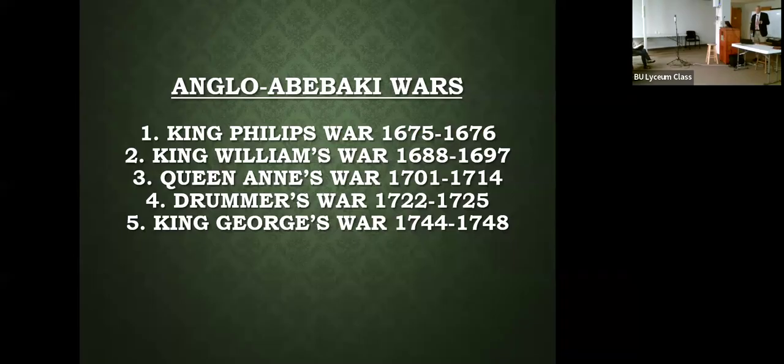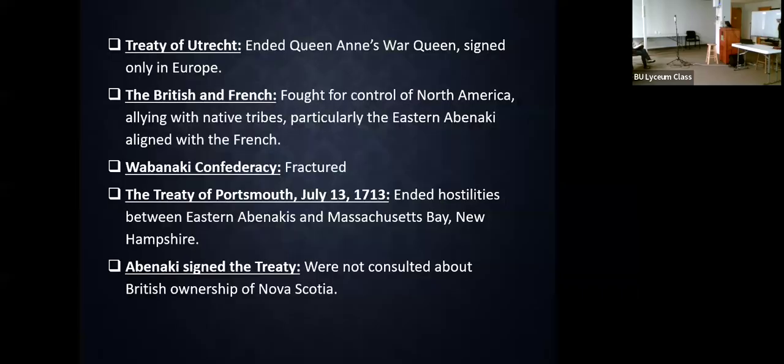Now, the Anglo-Abenaki Wars, I hope I went in the right direction. This just gives you an idea of the time frame of what we're talking about. We've just finished with number 3, Queen Anne's War. Now, this is the basic issue of the Treaty of Utrecht as it relates to North America.